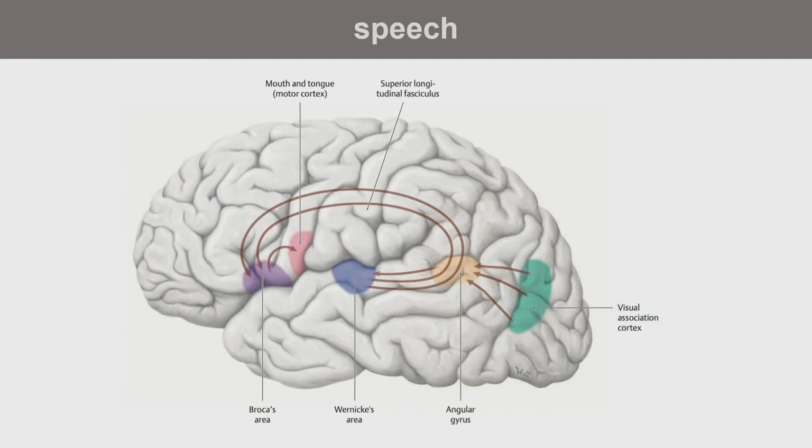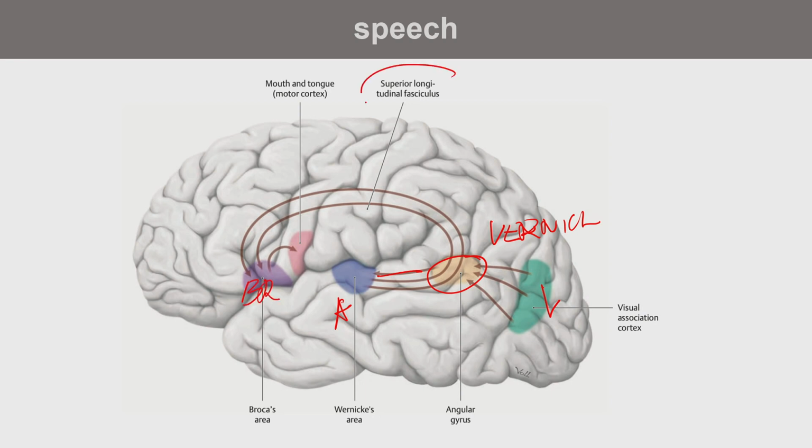So the speech centers have connections to the auditory cortex and visual cortex, and this is in the angular gyrus, the Wernicke center, and this is Broca.